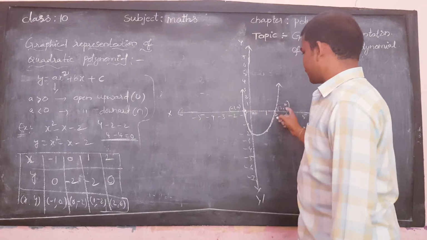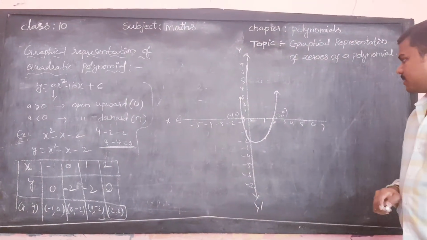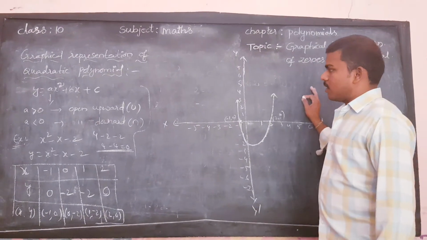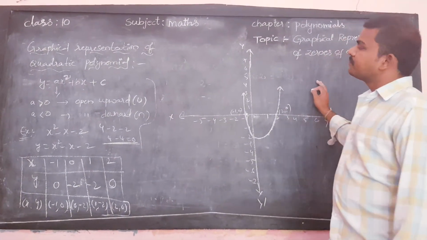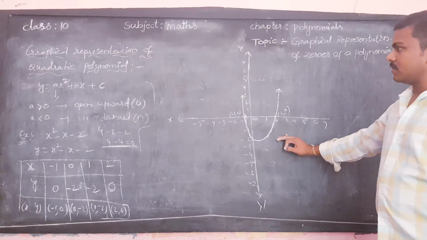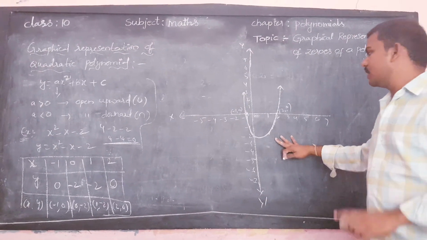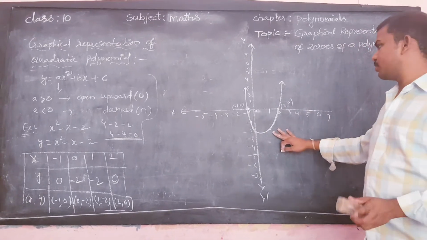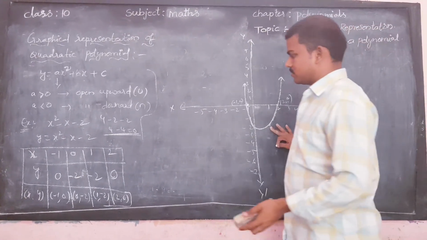So these are the intersection points with the x axis, minus 1 comma 0 and 2 comma 0. The quadratic polynomial has at most two zeros. The linear polynomial has only one zero. A quadratic polynomial has two zeros, at most two zeros.